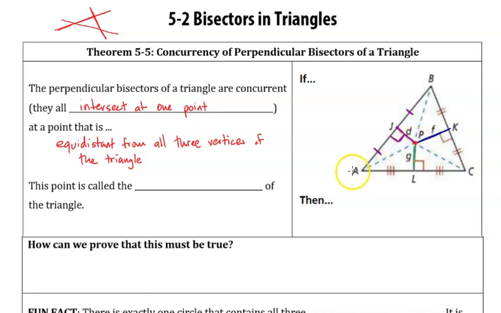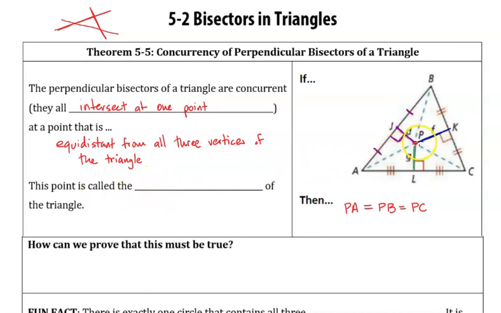That's equidistant from all three vertices. So we would be able to say that the distance from P to A is equal to the distance from P to B is equal to the distance from P to C. That is theorem 5-5, the concurrency of perpendicular bisectors of a triangle. That point P would be the same distance away from all three corners. It's the place where the three perpendicular bisectors meet.